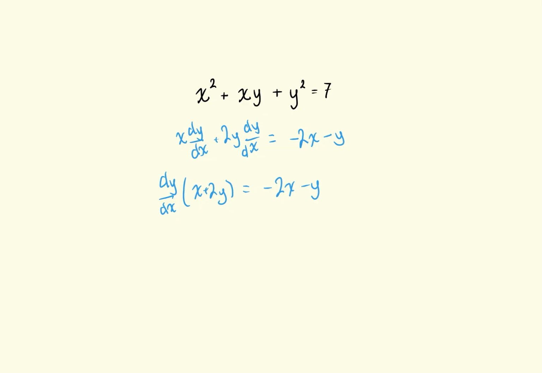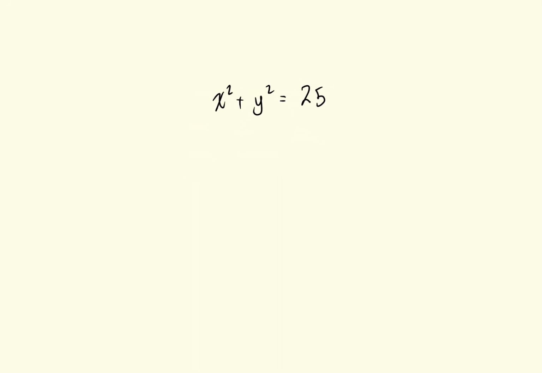To finally solve for dy by dx, we can divide both sides by x plus 2y to give us dy by dx equals negative 2x minus y over x plus 2y.